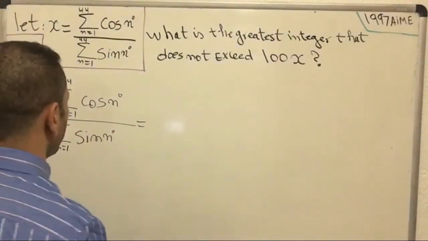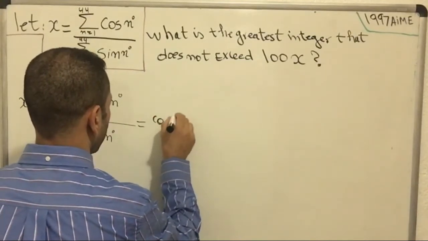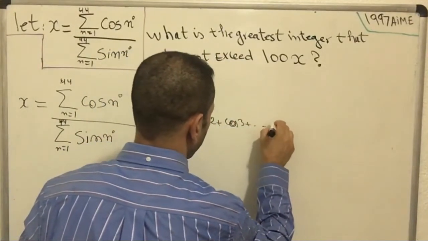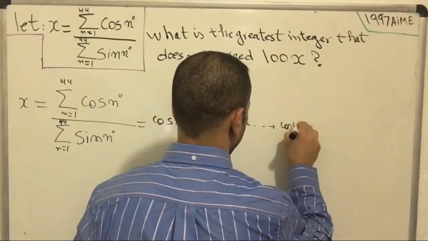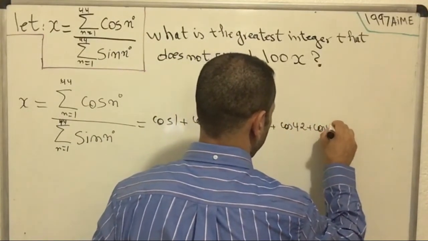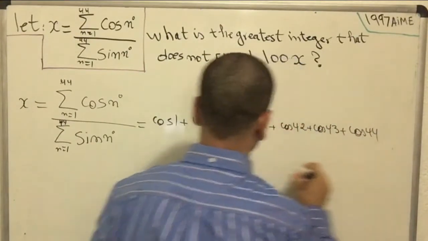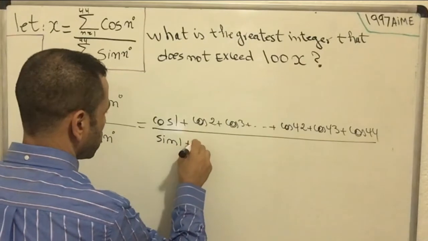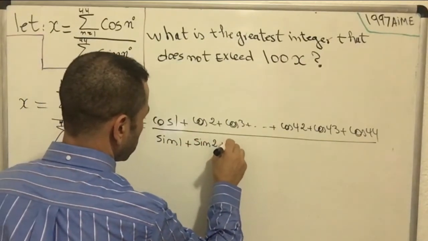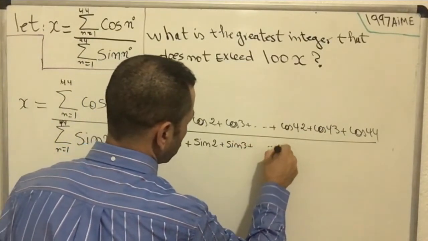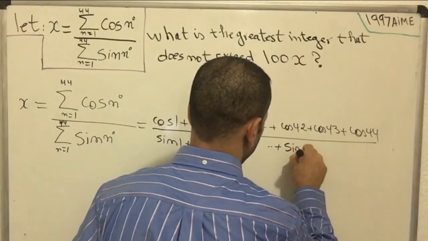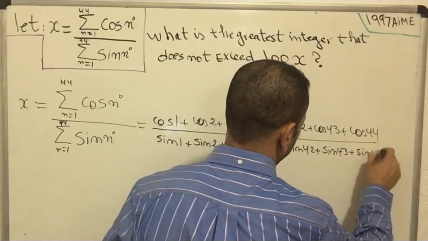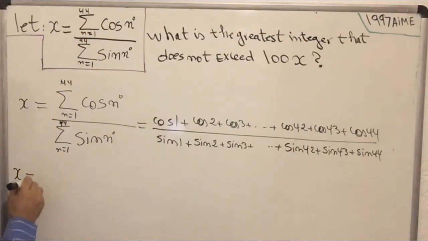I'm going to expand this and write it in this form: cosine 1 plus cosine 2 plus cosine 3 and so on until you get the last terms, cosine 42 plus cosine 43 plus cosine 44, over sine 1 plus sine 2 plus sine 3 and so on until you get sine 42 plus sine 43 plus sine 44. So x is equal to this.